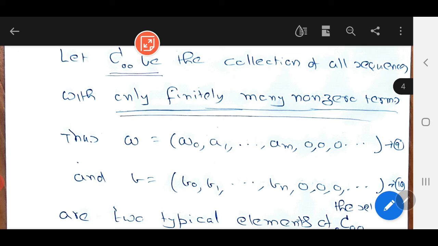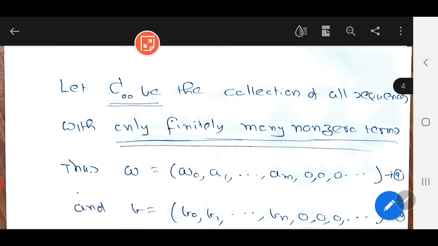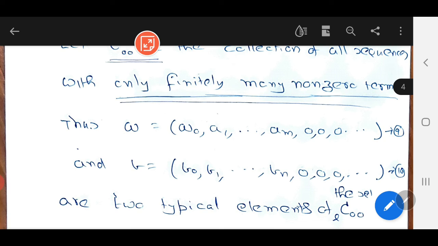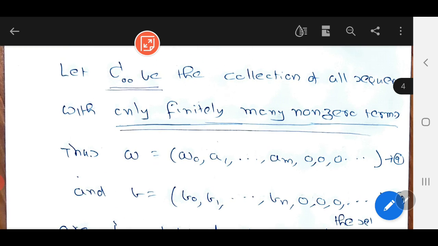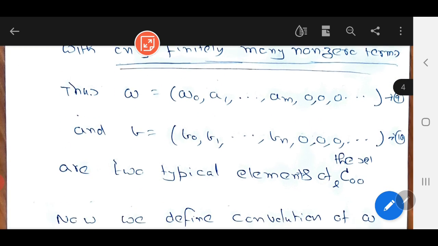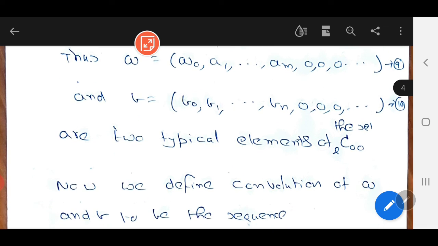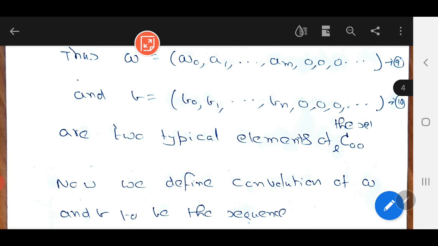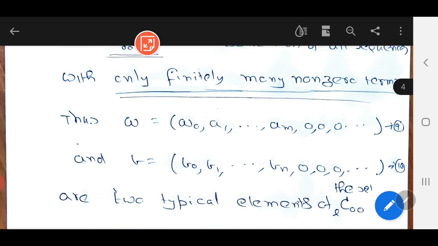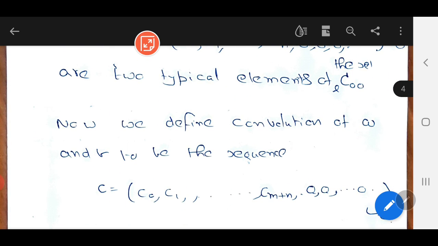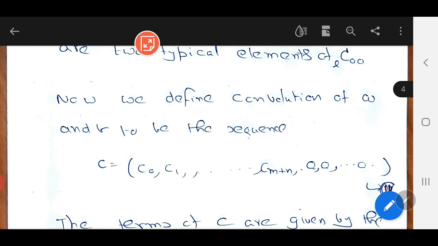When we are talking about C00, we are keeping an eye on infinite sequences, but for this discussion I confine myself to finite sequences. So B is equal to B0, B1, etc., Bn, and the remaining are filled with zeros. They are the two typical elements of the set C00. Now, we define the convolution of A and B to be the sequence C0, C1, etc.